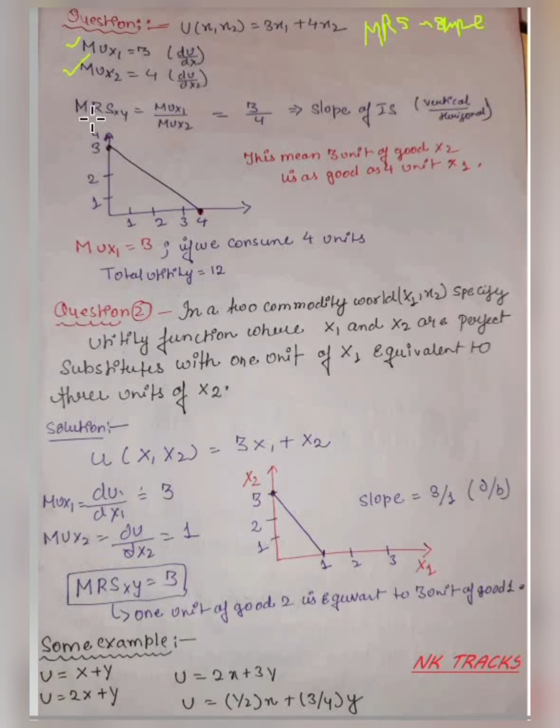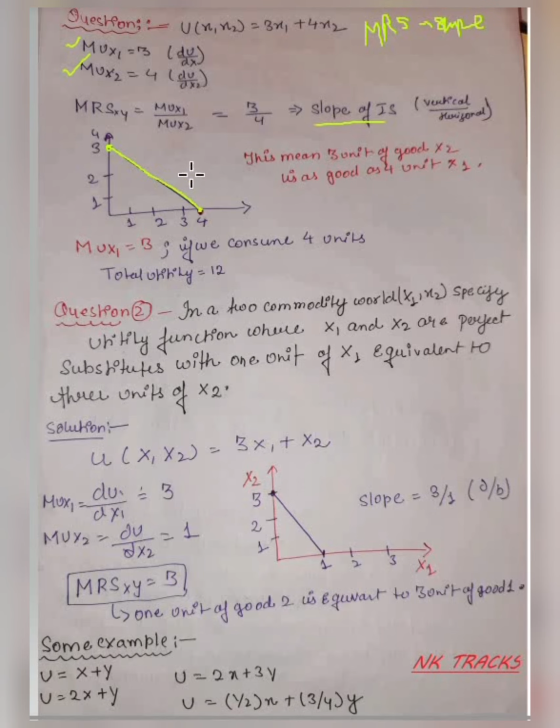So what is MRS? MUx1 by MUx2, that is 3 by 4. And we got the slope of IC, vertical by horizontal. Vertical will be 3 and on horizontal we'll get the value 4. So we are drawing a hypothetical diagram here, putting these values as 3 and 4, and this is the point we got, and from here we'll draw a straight line.